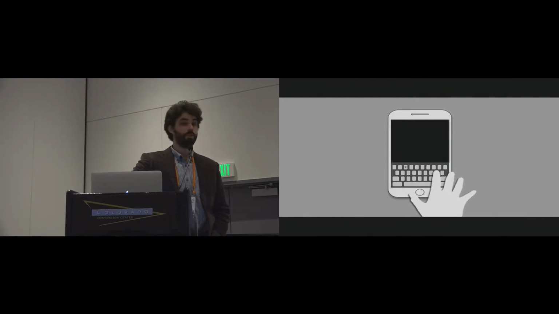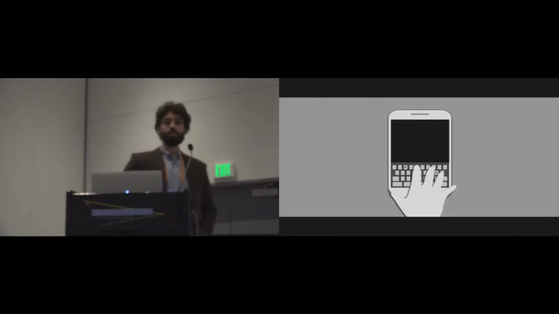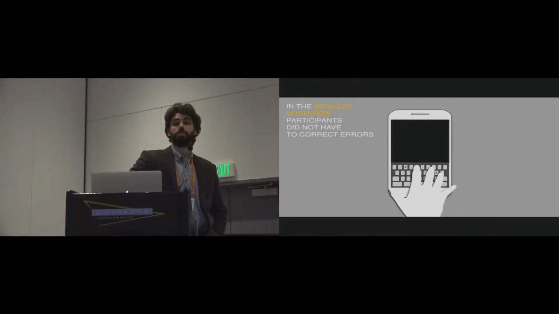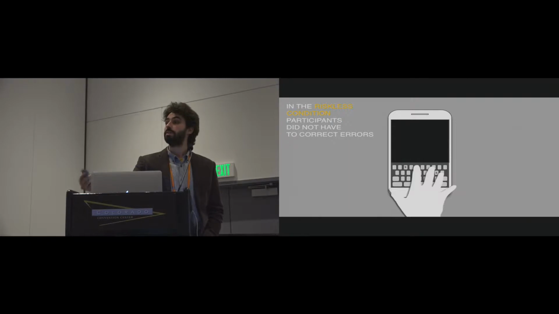Now, we had 2 different conditions. When the participant would miss a target, we had a riskless condition, where the participant would just continue on to select the next target. And this is trying to simulate what the existing models are doing when trying to estimate this upper bound expert text entry speed.